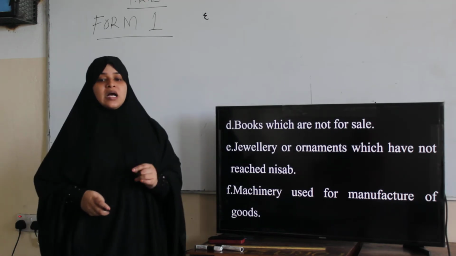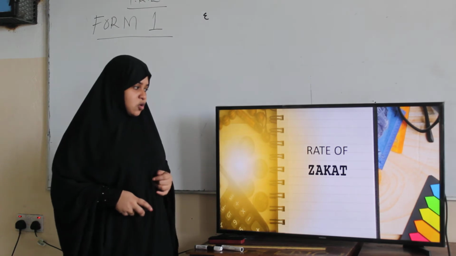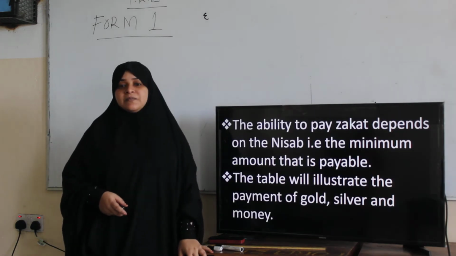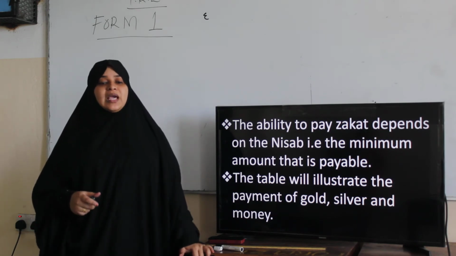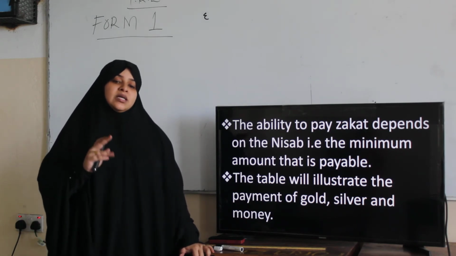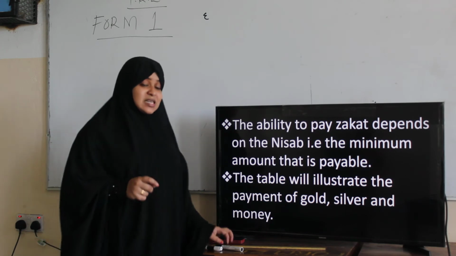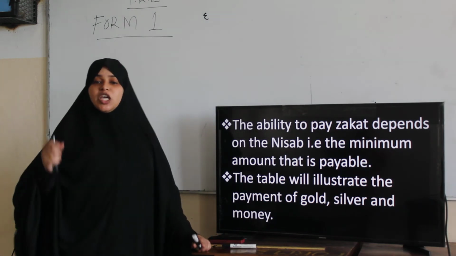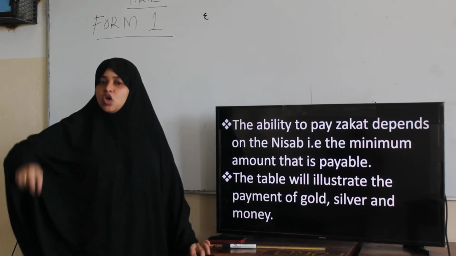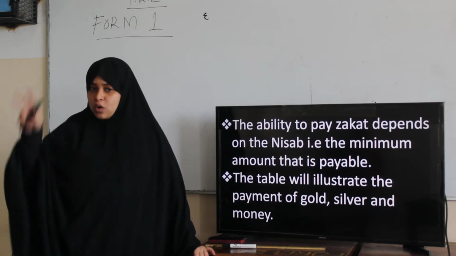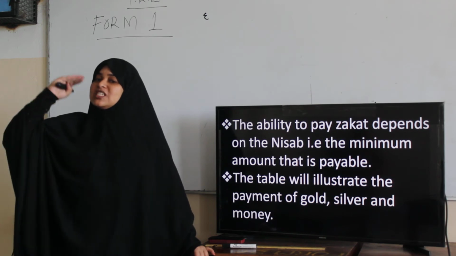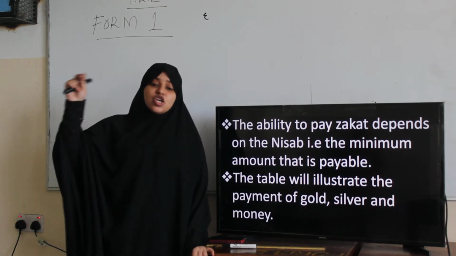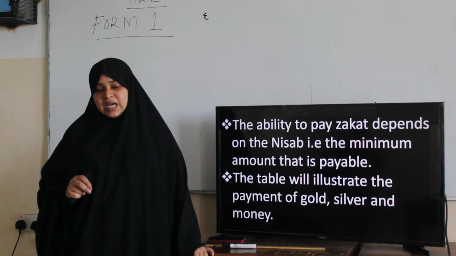So let's look now at the rate of zakat. We are saying that the ability to pay zakat depends on nisab. And we say that nisab is the minimum amount that is payable as zakat. So if you have wealth and it has reached nisab, then you have to pay zakat.